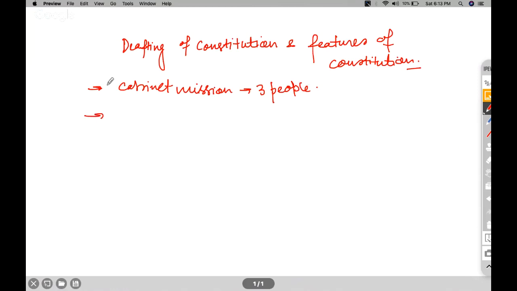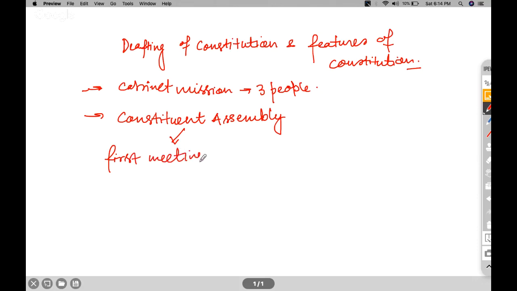Then we studied about the constituent assembly, in which we had the first meeting, then second meeting, then last meeting.